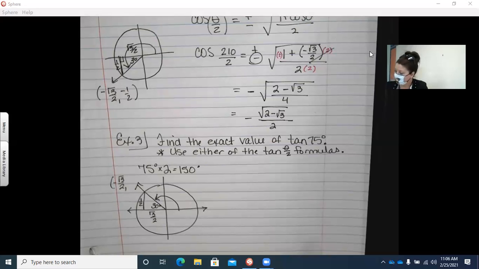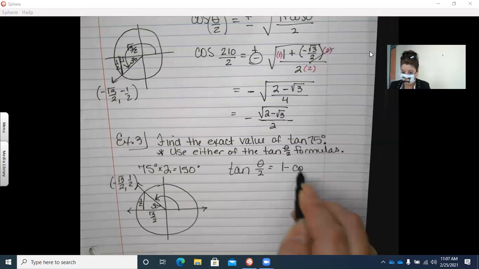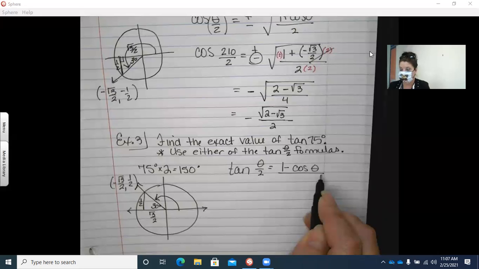So I'm just going to use the formula: tangent of theta divided by 2 equals 1 minus the cosine of theta, quantity divided by the sine of theta. And there's no radical here, so I don't have to choose plus or minus, right? I just plug in the formula, whatever it says.